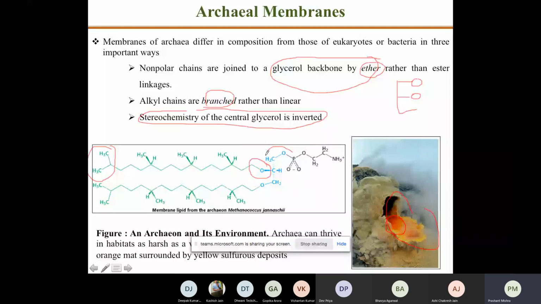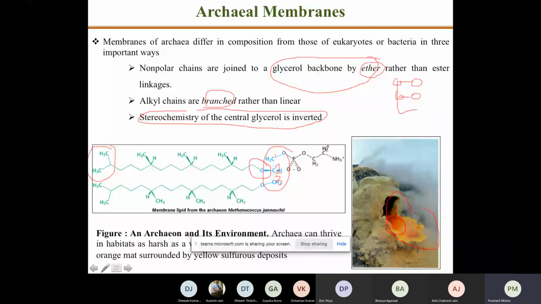If I look at this glycerol chain, in the normal animal, plant, and microbial systems, if I number it, this is sn-1, this is sn-2, this is sn-3. These are the numbers for the carbons present in glycerol. Generally in all membranes, the fatty acid is present at the sn-1 and sn-2 positions, and at the sn-3 position you have a phosphate group, and then you have a phospholipid.